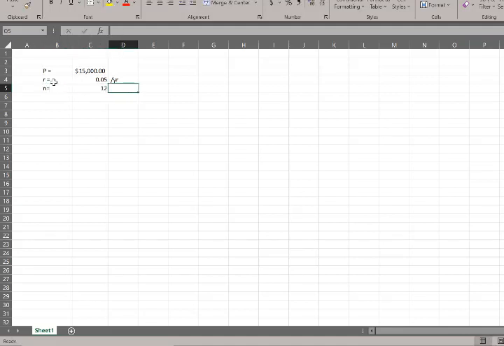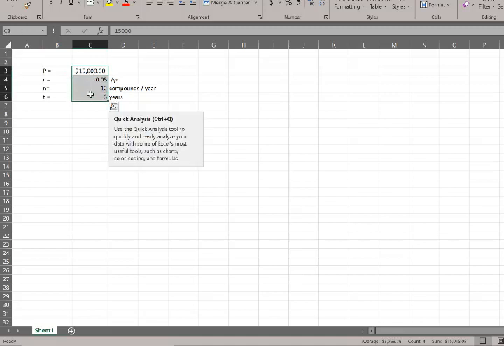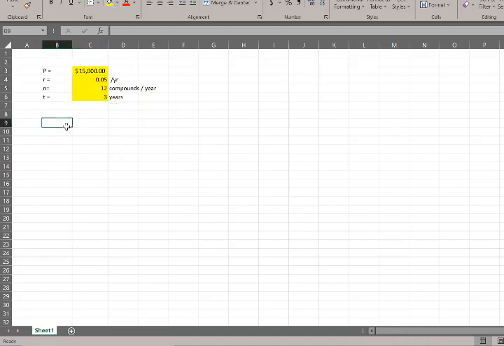And so this was monthly, so that would be 12 compounds per year. And the term was 3 years. Alright, and so let's go ahead and highlight these in yellow. And the highlighted yellow part will just be our inputs.